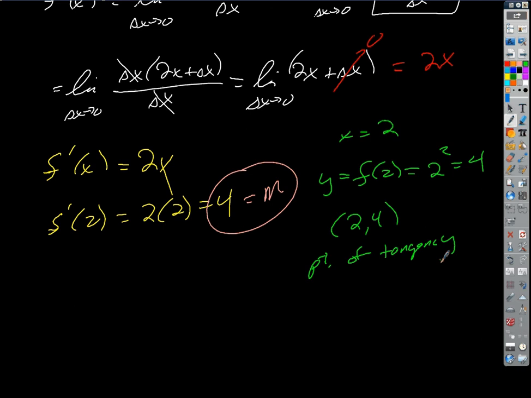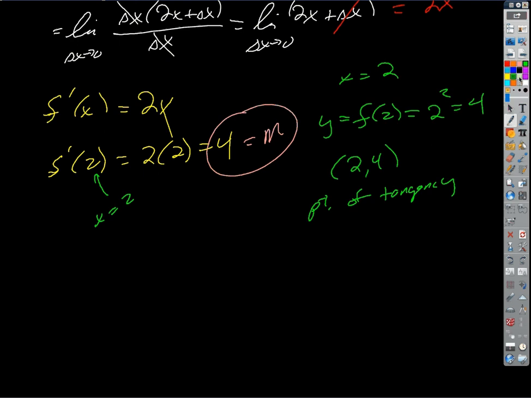So we've got the point of tangency. We know that the slope is just the derivative evaluated at x equals 2. So now we've got a point, we've got a slope. It's easy.